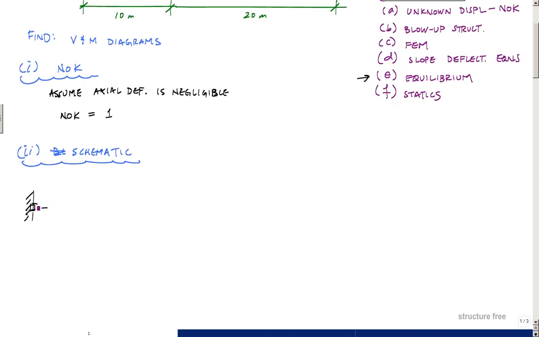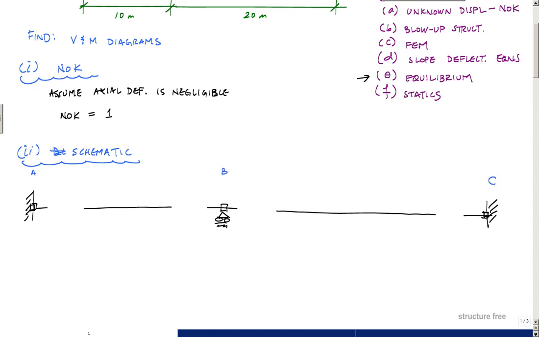So I have this first cut, then my member here, then the next with the roller like this, then my member here, and again with the roller, fixed end here at point C. This is point A, here's point B, and here's joint C.